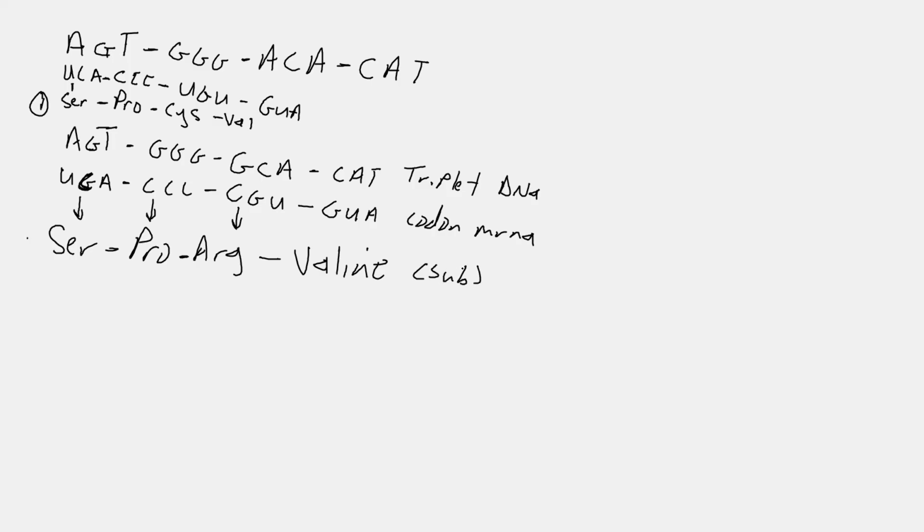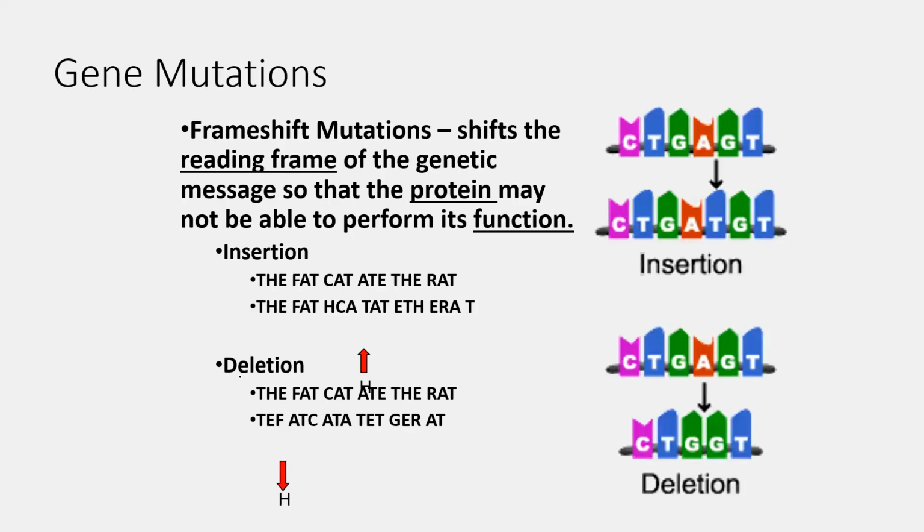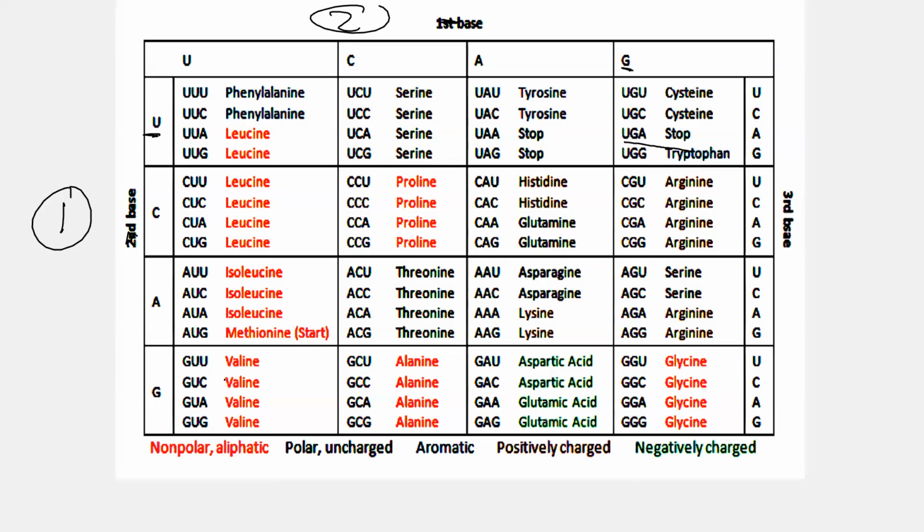So here's the thing. If we look at the properties of these two amino acids, cysteine versus arginine, let's see what the properties are. It says polar, non-polar, aromatic, positively charged, negatively charged.